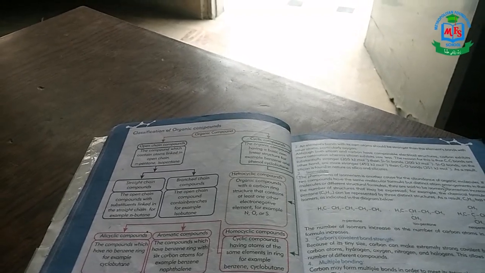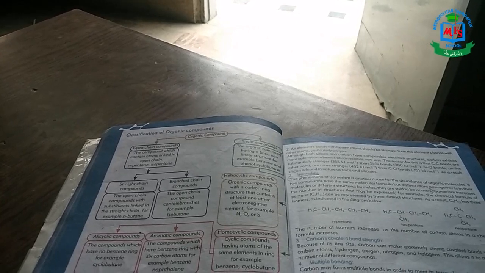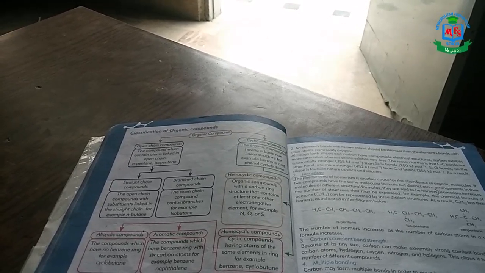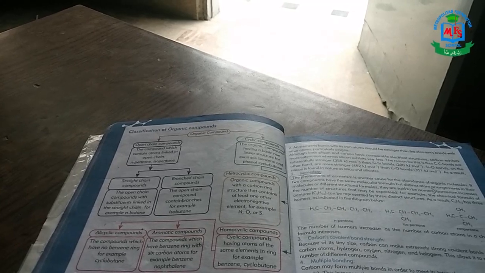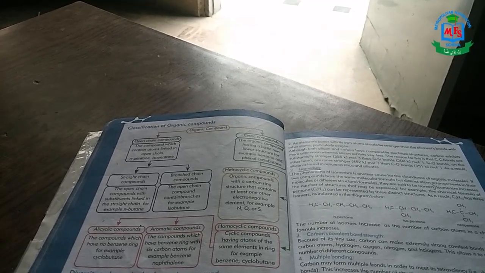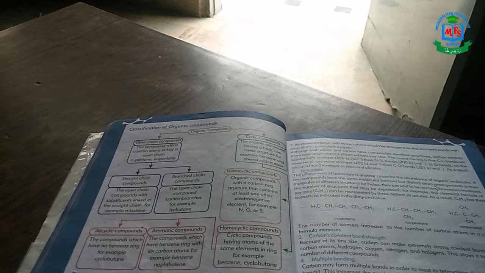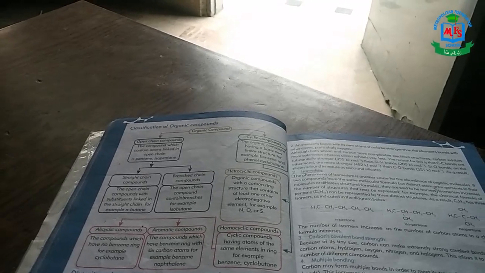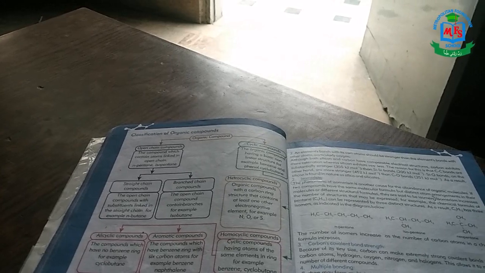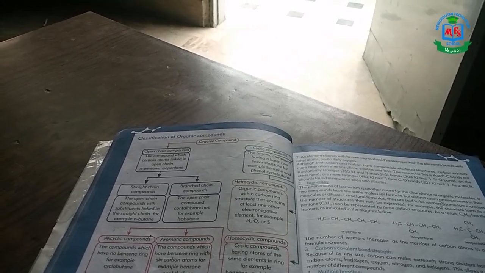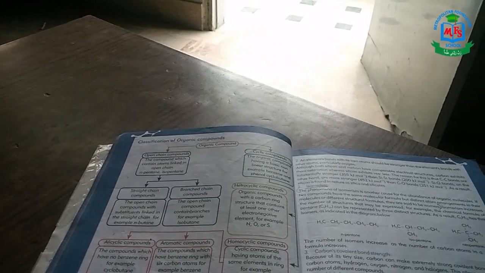What are straight chain compounds? The open chain compounds such as ethane and propane are examples of open chain and straight chain compounds. Branch chain compounds, as the name indicates, are branched. If open chain compounds form branches, for example, cyclohexane, cyclobutane, these are called branch chain compounds.